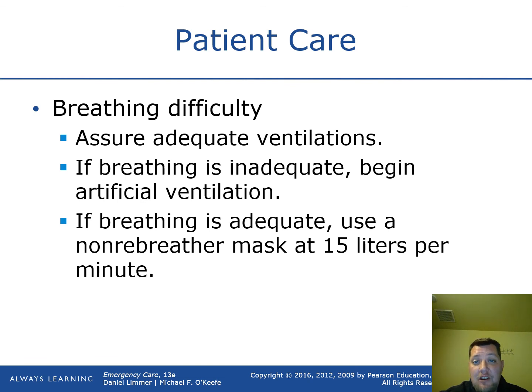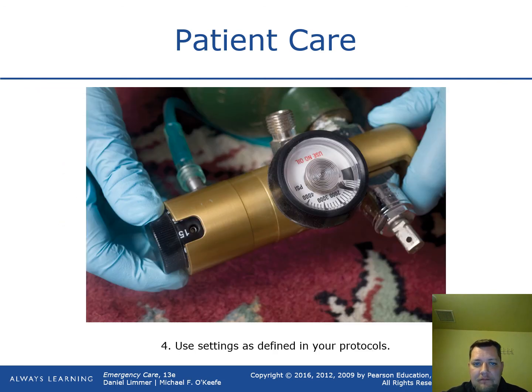Because again, we don't want to over-oxygenate or hyper-oxygenate our patient, so we're going to be cautious what we put them on. Use settings defined in your protocols. Typically, anything below 94, you're going to place them on a non-rebreather mask. If they can't tolerate the mask, then we're going to switch them over to a nasal cannula.